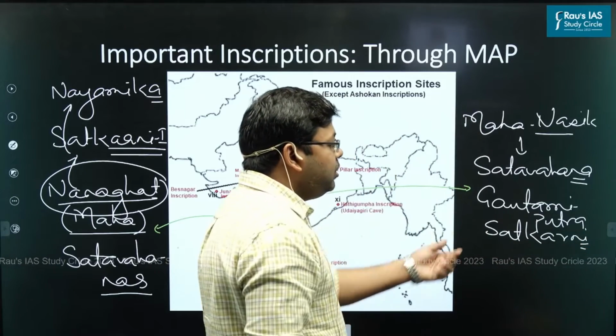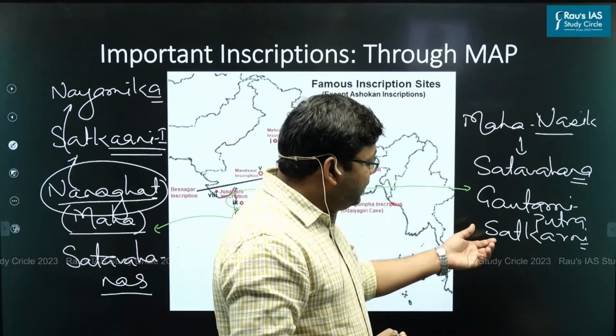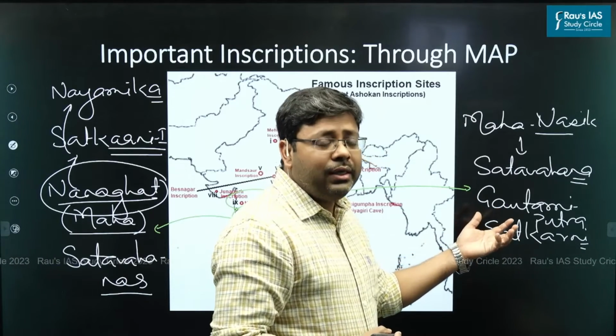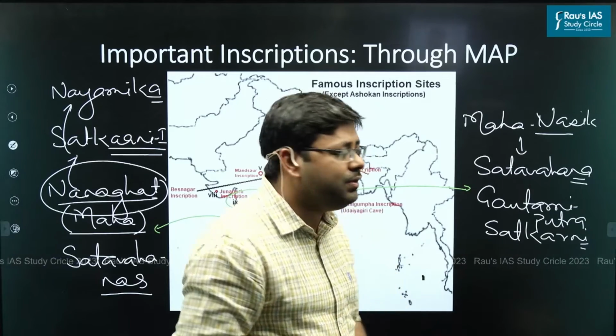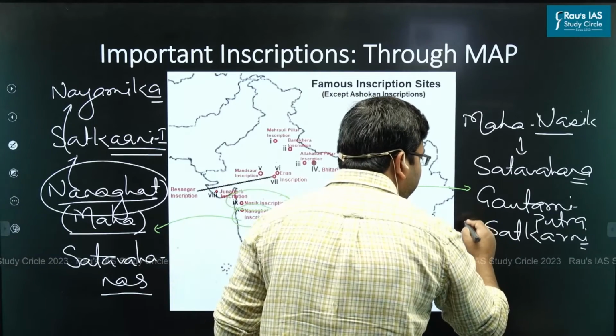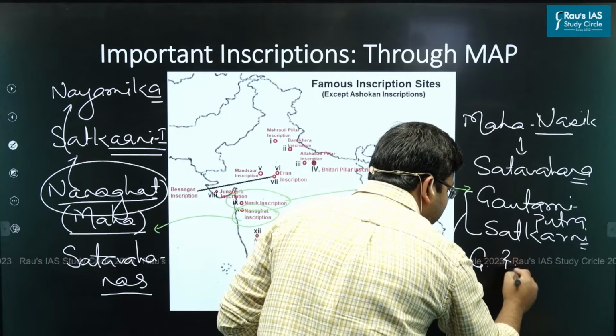So, Gautami Putra Satkarni was the greatest of the Satvahana rulers. The description in this Nasik inscription was given by the mother of Gautami Putra Satkarni. Her name was Gautami Balashri.